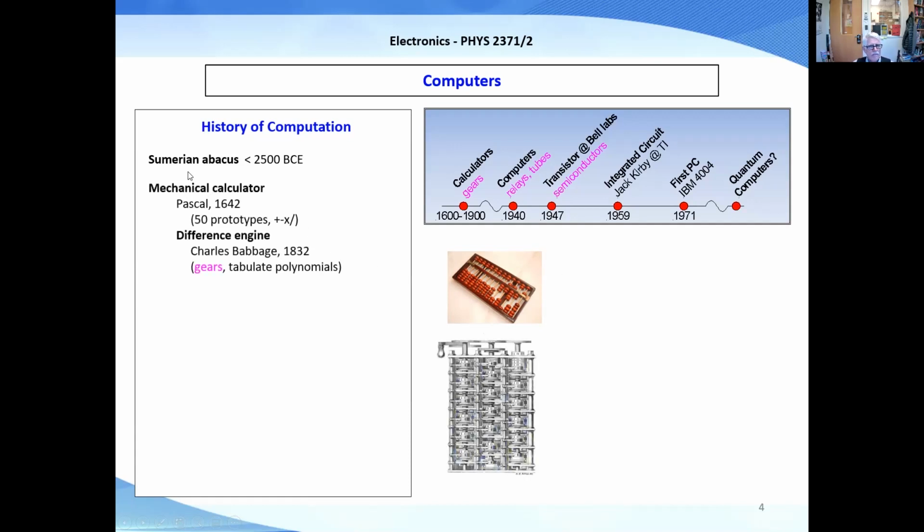Then along came the Renaissance, and people thought of a mechanical calculator, and Babbage designed a difference engine, they called it, in the 1800s. It had gears, and it would tabulate polynomials.